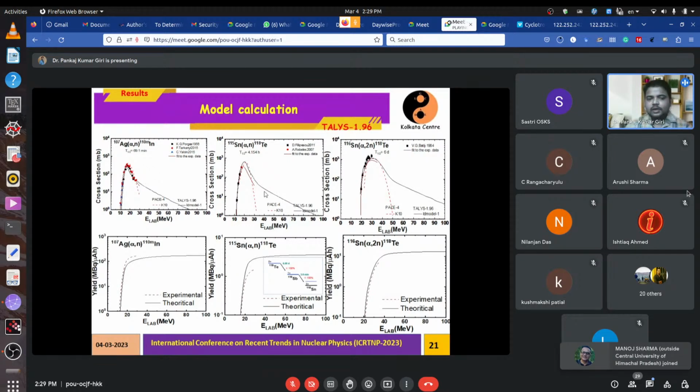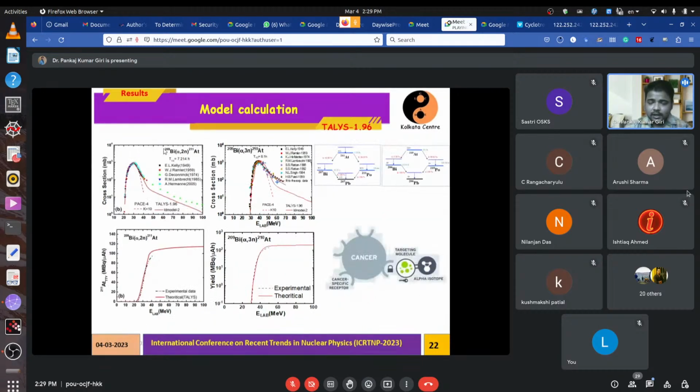So we need to find an energy range where this radioisotope will be produced optimally. The experimental data are available only in this region, but if I am to produce this radioisotope, I may take the energy range from 40 to 60 MeV, where I could produce it in a bulk or larger quantity.